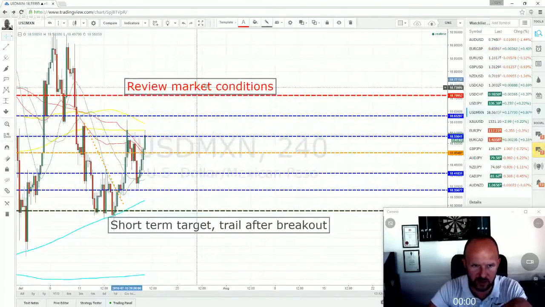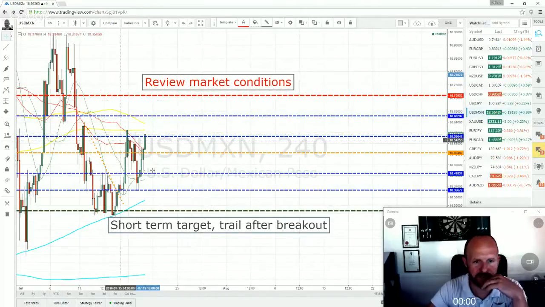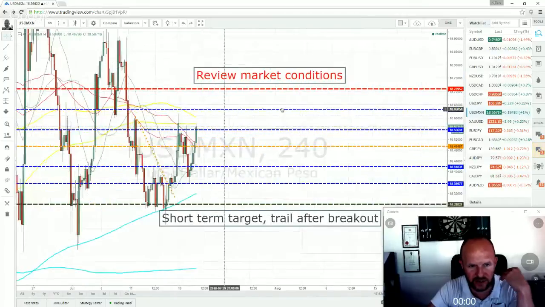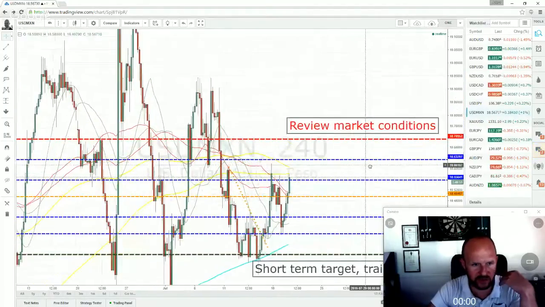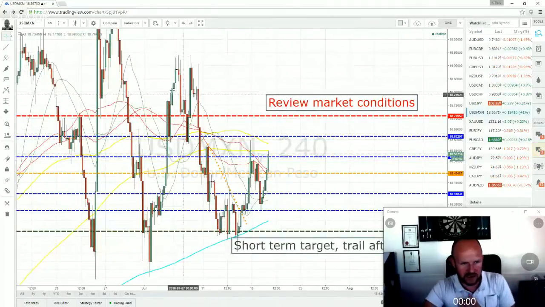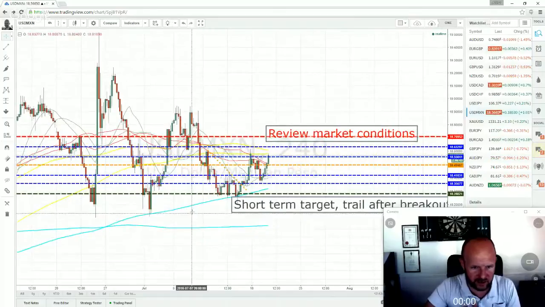All right, so what is here? It's Mexican. The price is going up. I really want to sell it still. We did have a very good selling opportunity. I mean, not the selling opportunity, but all these triangle-like patterns.